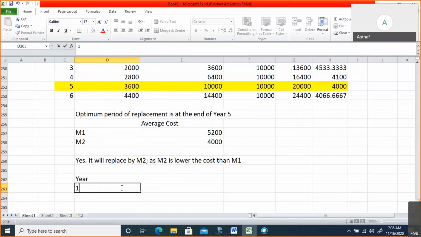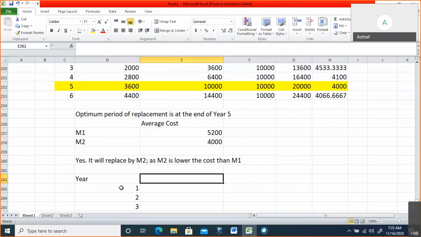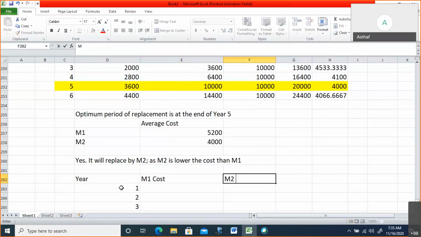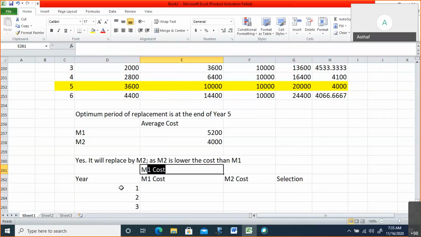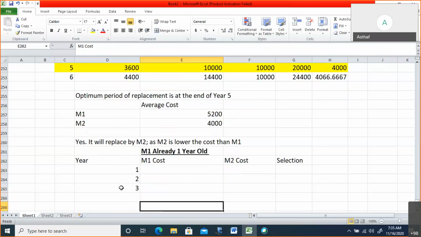So what we have to make is M1 cost and M2 cost. M1 is already 1 year old.